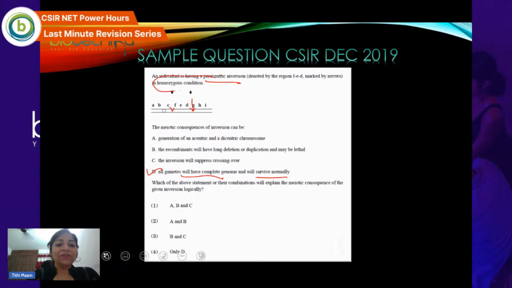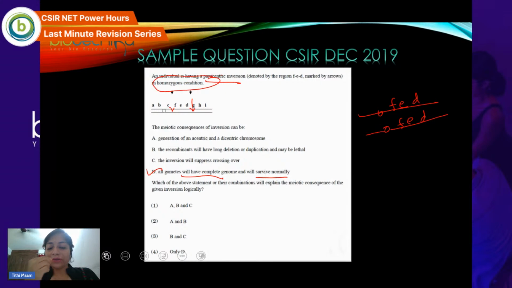So if the inversion is in homozygous condition, will there be any problem in the alignment? Not at all, right? Suppose this chromosome has FED, the other chromosome also has FED, so they can straight away align. There is no requirement for formation of any loop.